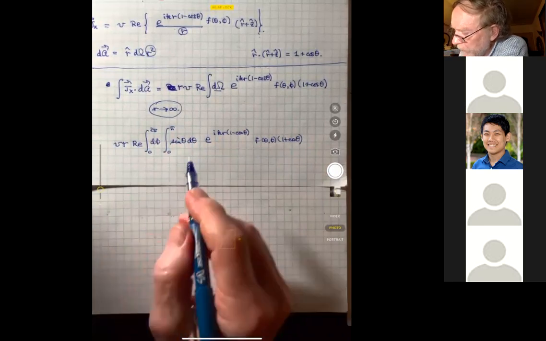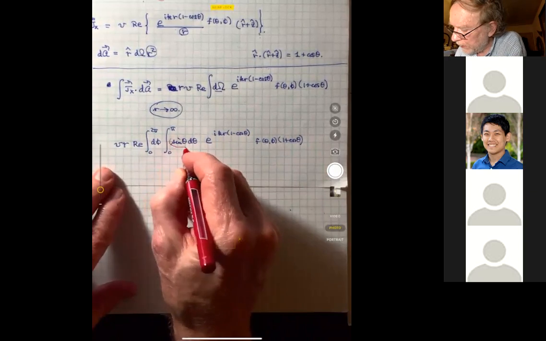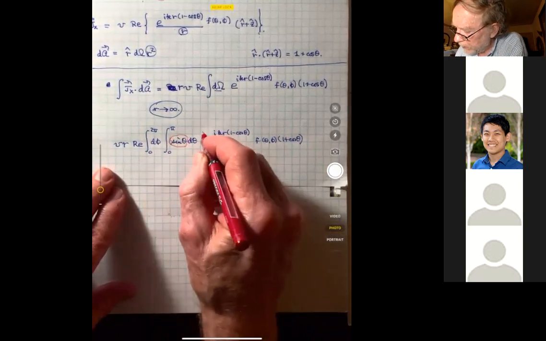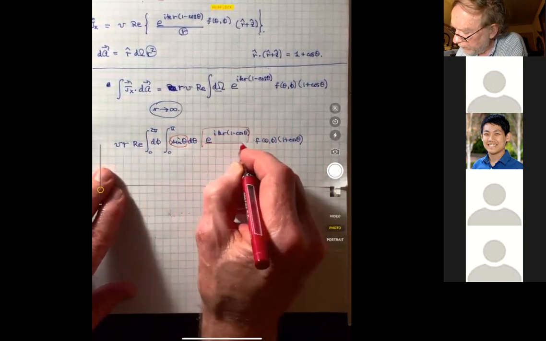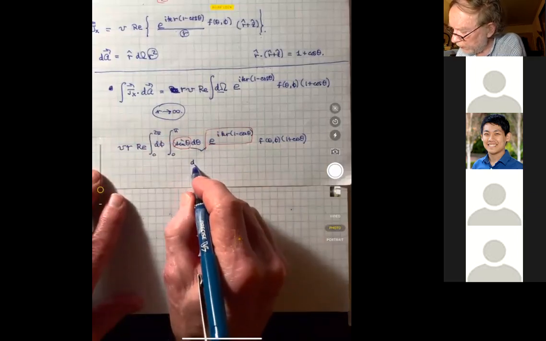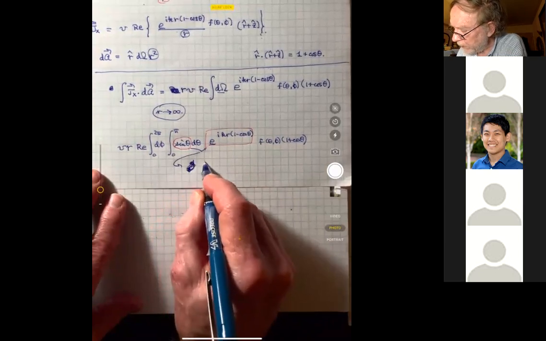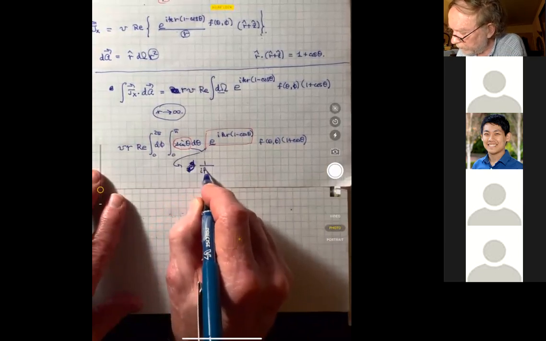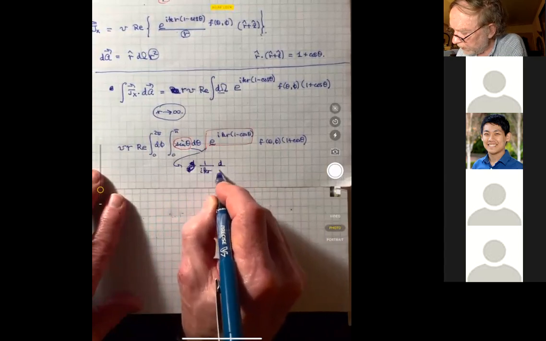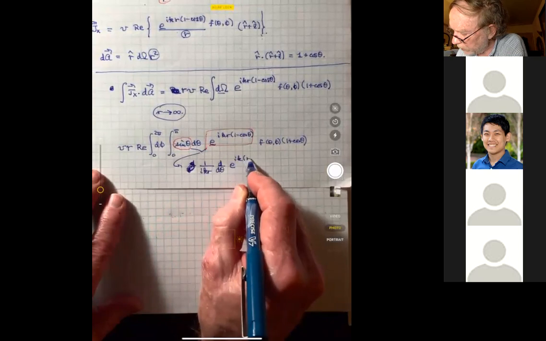All right. Now let's take this, we're going to integrate by parts. Let's take this sine theta times this e to the ikr cosine theta. Let's notice that we can combine those together and write it as 1 over ikr times d d theta of e to the ikr 1 minus cosine theta.